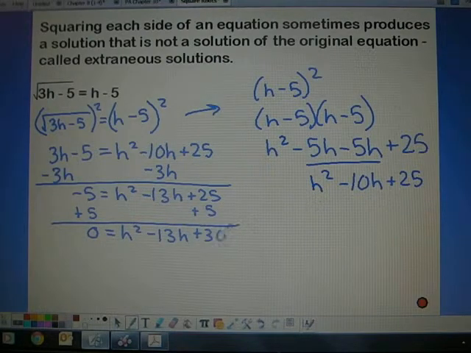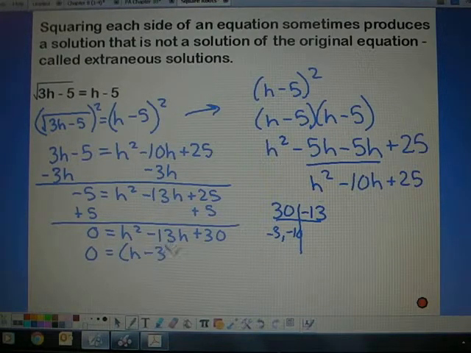Since I have it equal to 0, I see an h squared, h, constant. I have 3 terms, a trinomial. So with a trinomial and no number in front, what I'm looking for are numbers that multiply to give me 30, that add up to negative 13. Those two numbers would be negative 3 and negative 10. So with no number in front, I can go straight to my 2 groups of parentheses, h minus 3 and h minus 10.